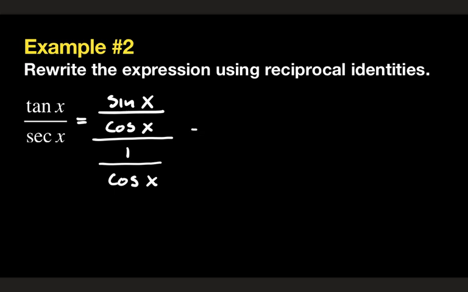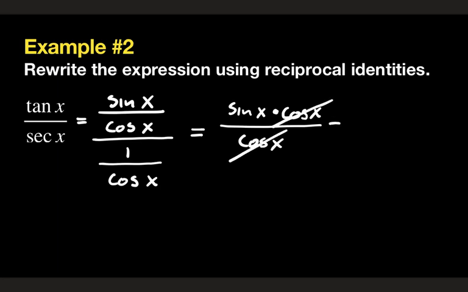So this is going to give us sine x times cosine x over cosine x. In this case, you're able to cancel the whole expression, and this is going to give you sine x. So that's going to be your answer.